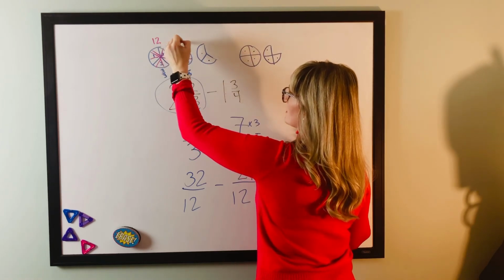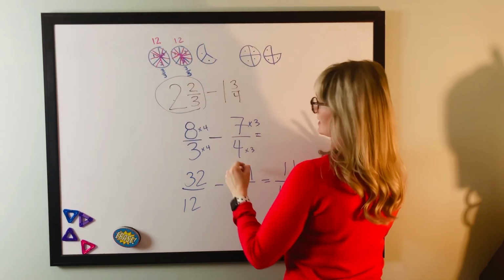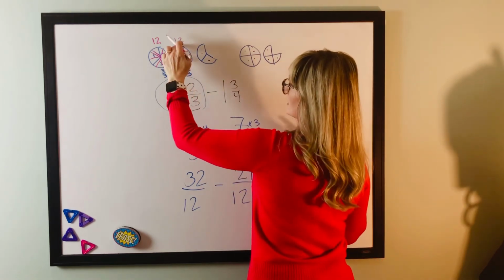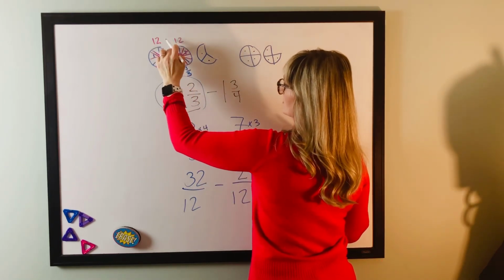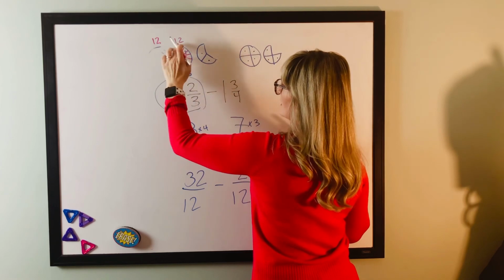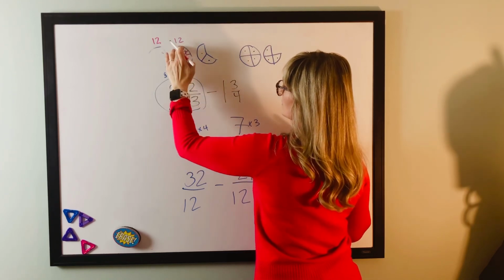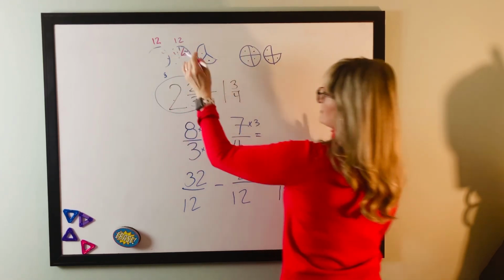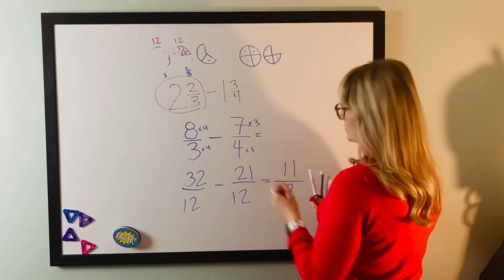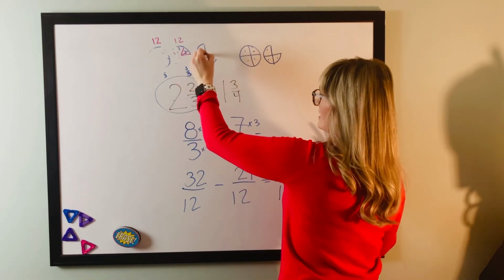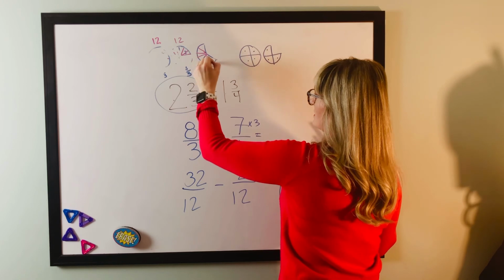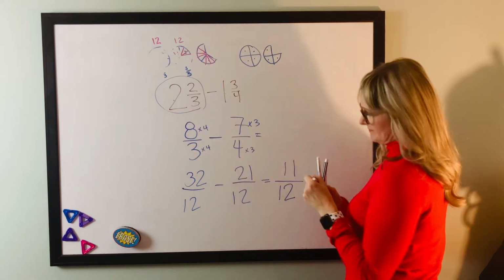That'd be another 12, obviously. So I only need to take away 21. So I would leave 3 left. So I'd have all that gone. I'd have 3 of these left. 1, 2, 3. And then I'd still have that original thing. So that would be the same as having 8 and 3, which is 11.